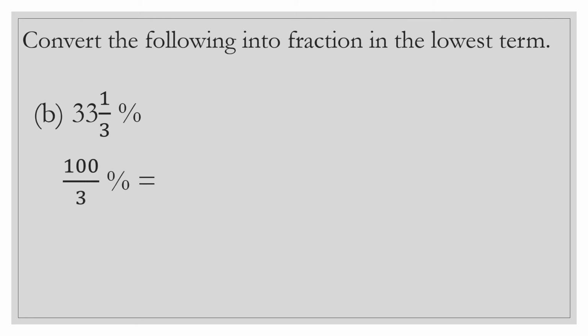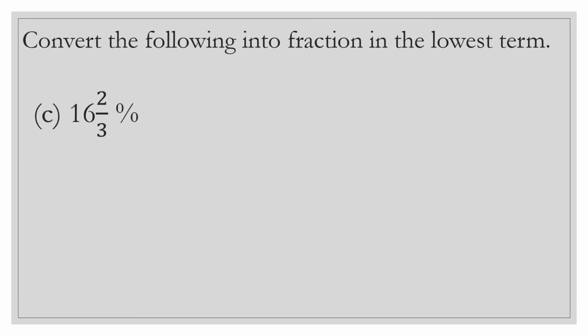And we know that if we remove the percentage sign, always divide by 100. So 100 upon 3% is equal to 100 upon 3 multiplied by 1 upon 100. Now simplify. See, 100 is divisible by 100. So divide. Now it cannot be further divisible. So we get 1 upon 3. So the lowest term is 1 upon 3.